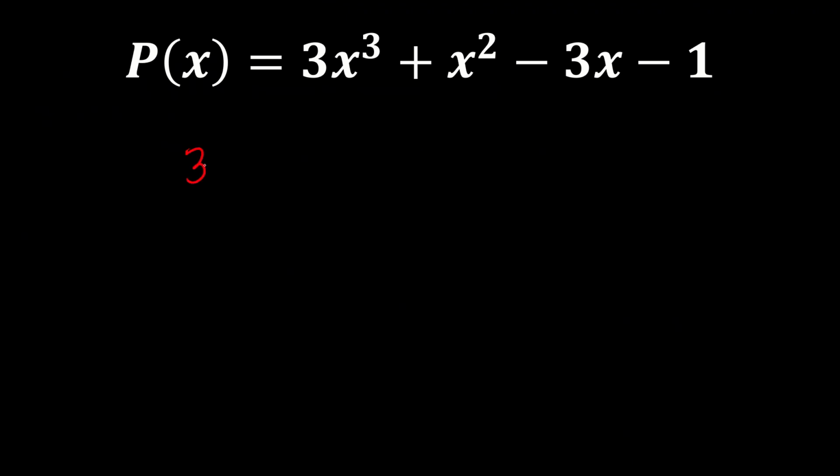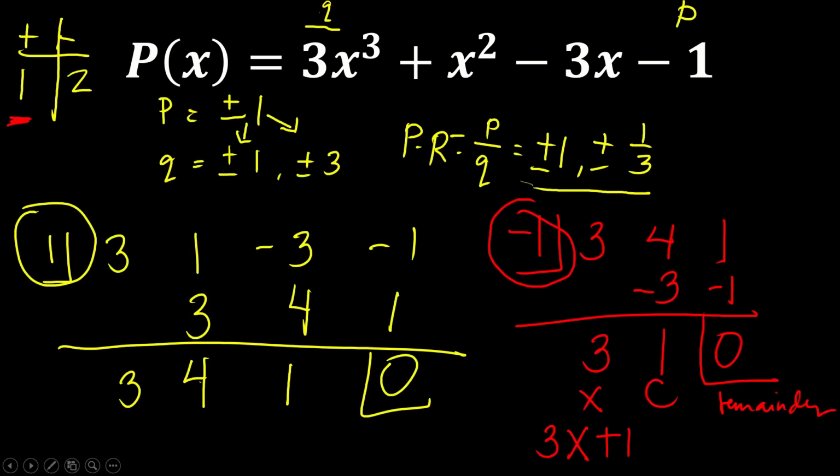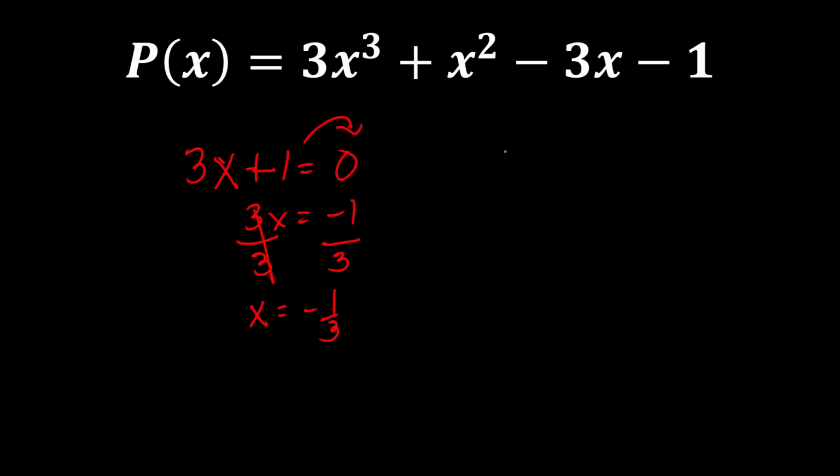So, we have 3x plus 1 equals 0. Si 1 nilipat sa kabila, so we have 3x is equal to negative 1. Then, para makuha si x, divide sa number na katabi ni x, and that is 3. Cancel out. X is equal to negative 1/3.